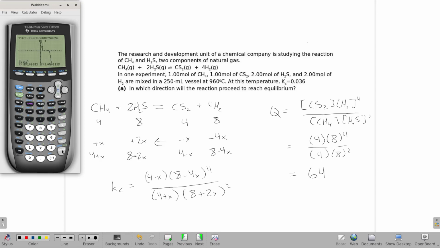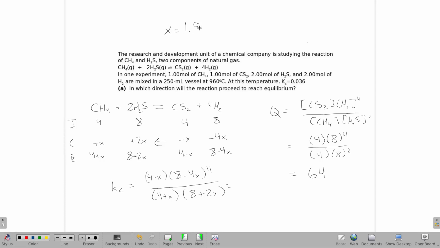Yeah, I know it's dropping there. I can see that. So right around there, and it gets an x of 1.55. And we could plug that in and get all of our components.